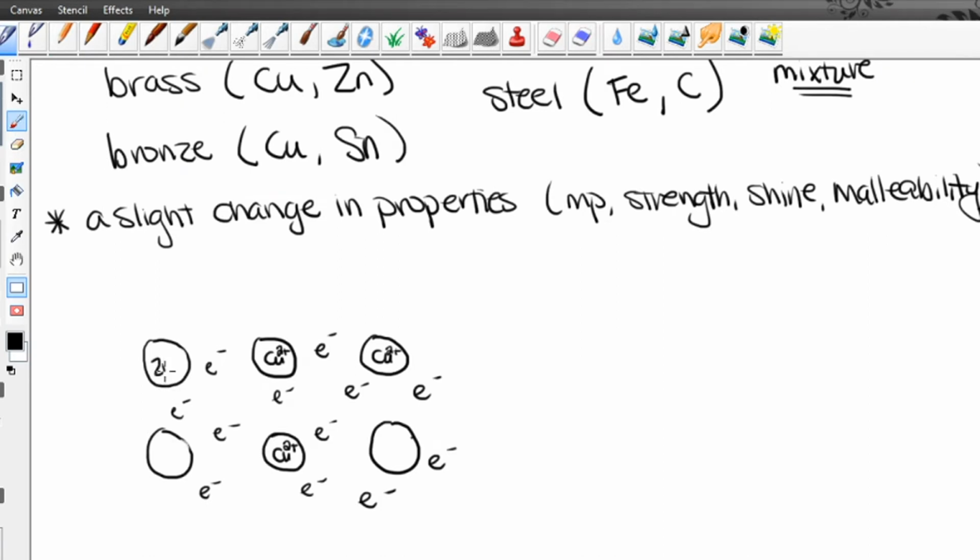But if this was zinc 2+, and zinc 2+, and zinc 2+, I still have this very orderly arrangement of cations, because they're going to repel each other. They're not going to want to be right next to one another. And they're very large, versus these small electrons that can flow around. We still have this orderly arrangement of cations, but now, because some of these are zinc and some of these are copper, this is now a sea of electrons model representing brass.